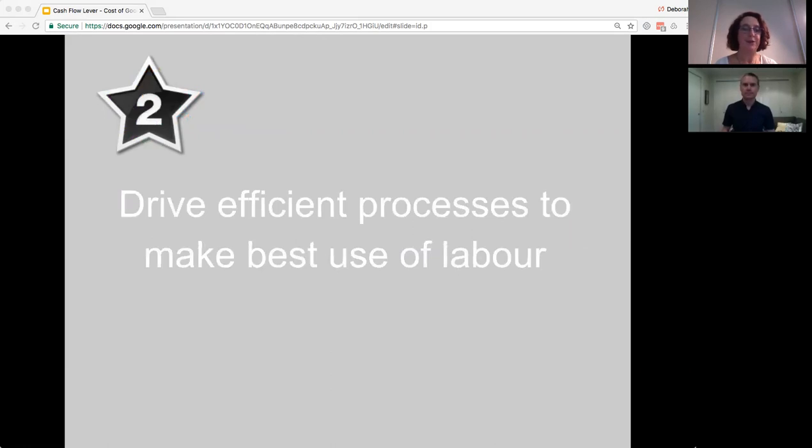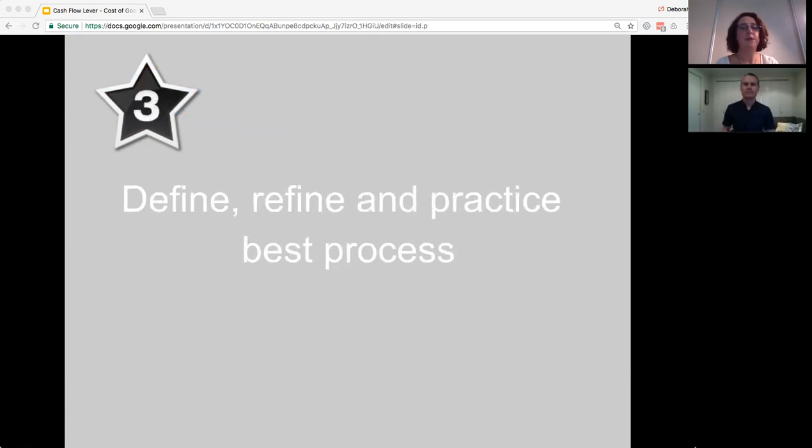If you've got someone who does one particular thing, keep them busy and make sure you're not wasting their time. Define, refine, and practice best process. Training your team is a valuable resource that you can use in your business because by practicing best process, they're actually reducing the costs.